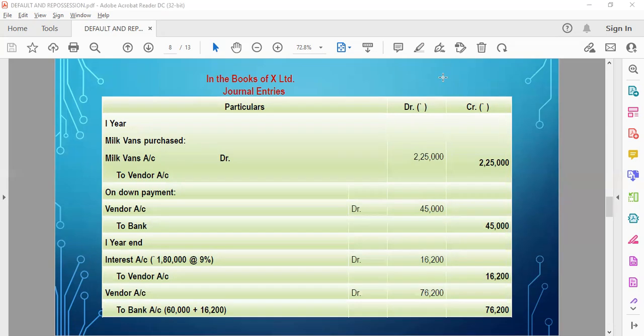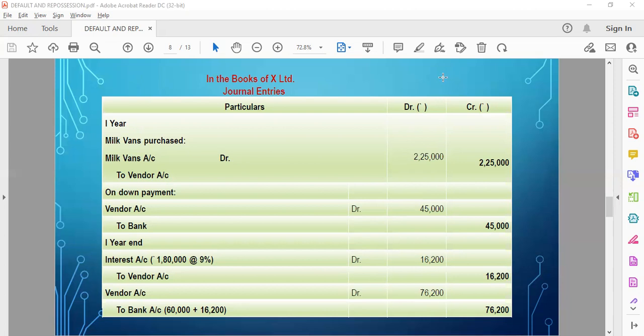Milk vans purchased, right? How many milk vans have they purchased? They bought 3 milk vans. Each van's cost is 75,000, right? The cost of one milk van is rupees 75,000. We should calculate the cost of 3 milk vans.